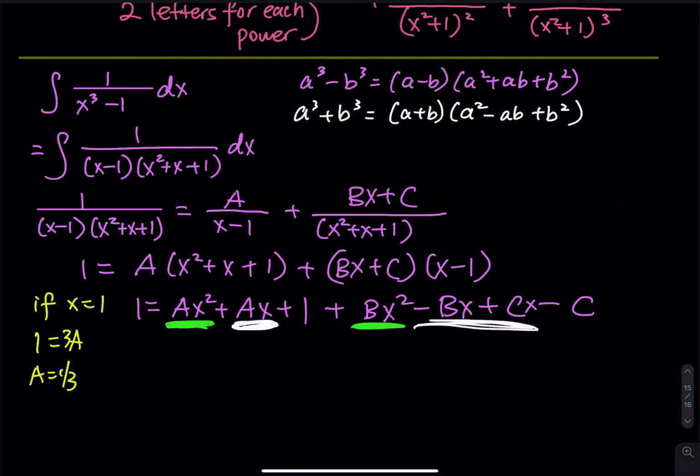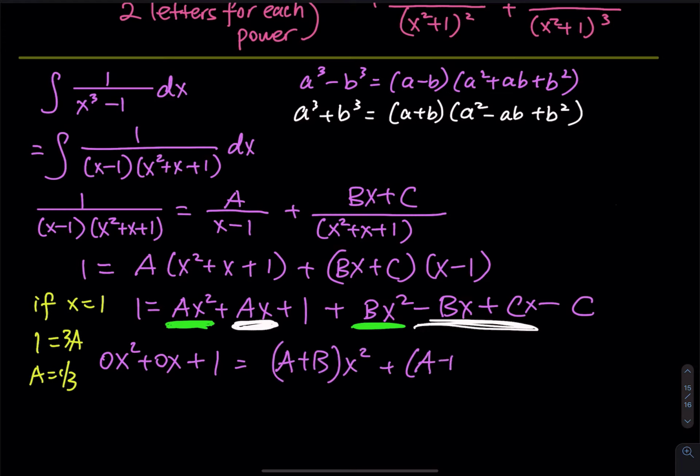So on the left hand side, I have 0x squared, right, plus 0x plus 1. And then that is equal to a plus b, take the x out, and then a minus b plus c. This will just take a little bit of practice. Take the x out, so you can do this in one step. Plus a minus c.